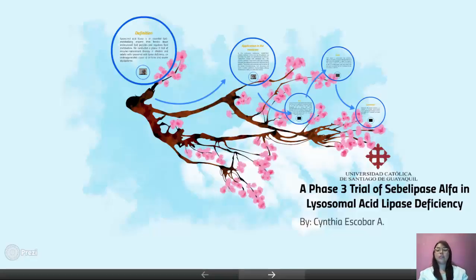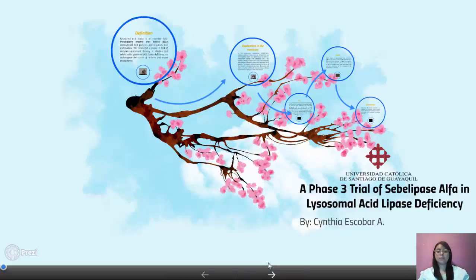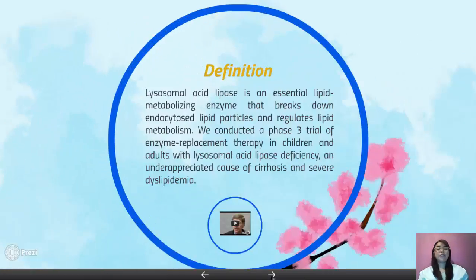I'm from the Catholic University, and I will talk about a phase 3 trial of sebelipase alfa in lysosomal acid lipase deficiency. First, the definition.